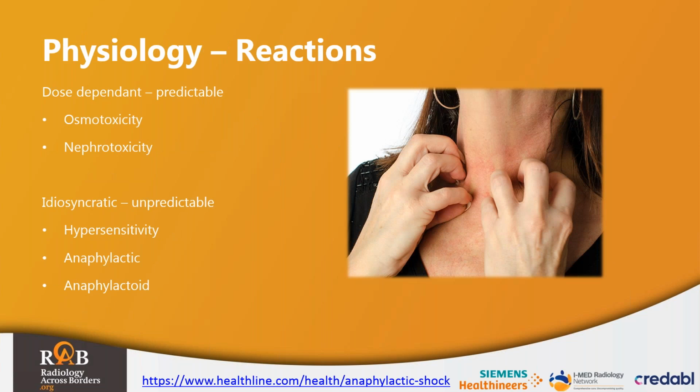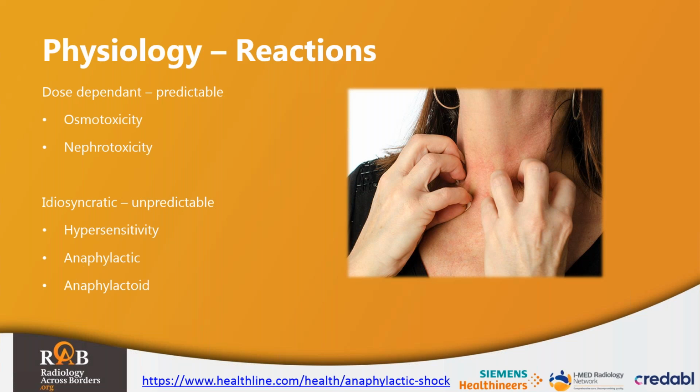There are two major classes of contrast reactions. We've first of all got dose dependent, which are predictable in nature, and they can be further broken down into two categories of osmotoxicity and nephrotoxicity. We've already talked about iso-osmolar, in that if we've got something with similar concentration to blood plasma, it won't exert an osmotic force on the body.